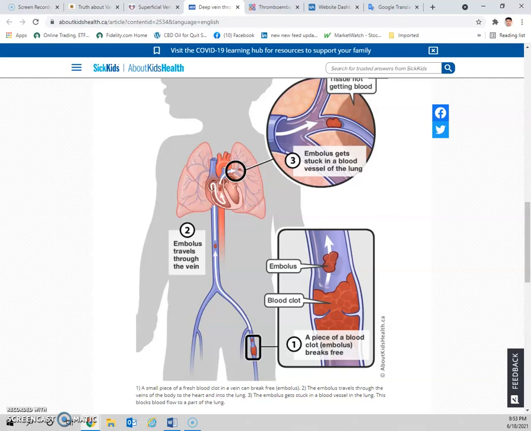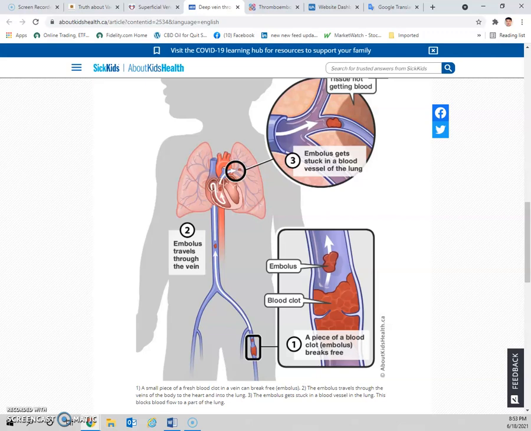Don't sit for so long, because when the blood moves slowly, the platelets in the blood are more likely to stick together and form a blood clot. That's especially the case on an airplane or when driving long distances, so you need to try to relax and do some movement.